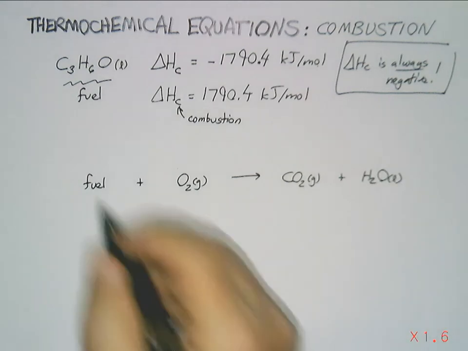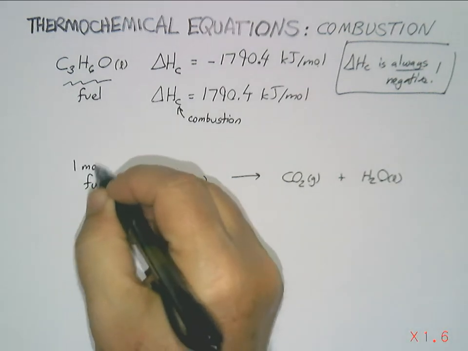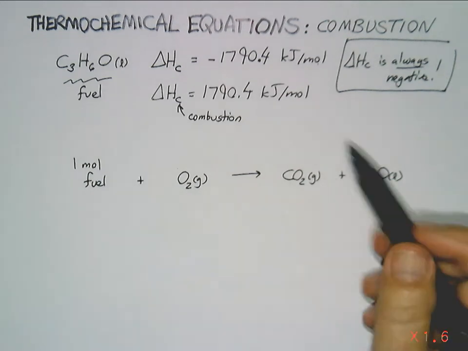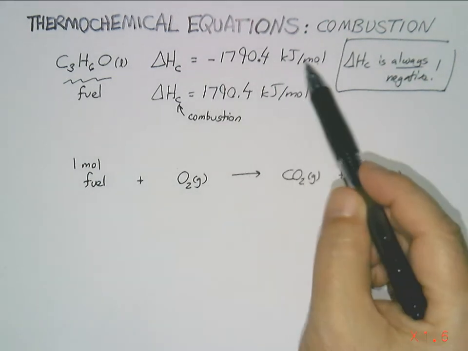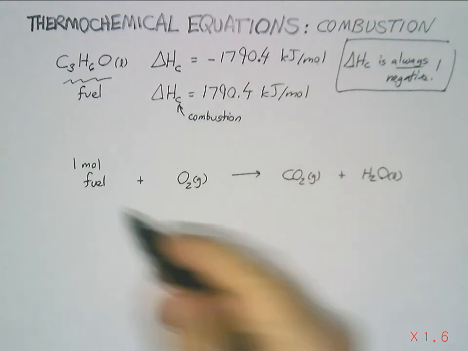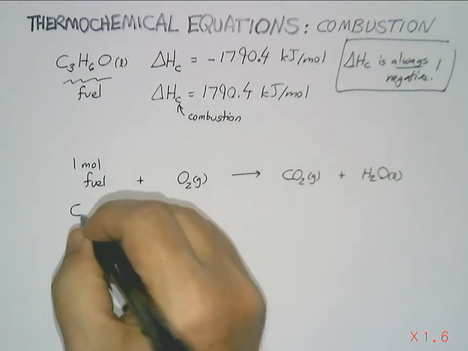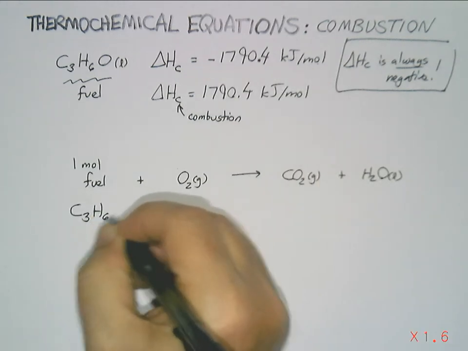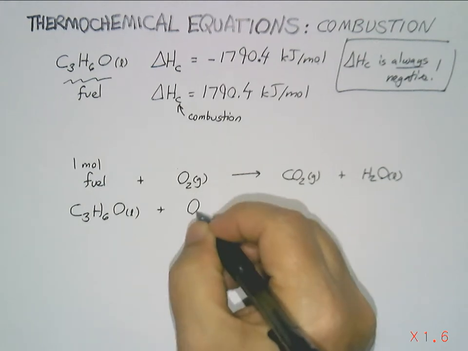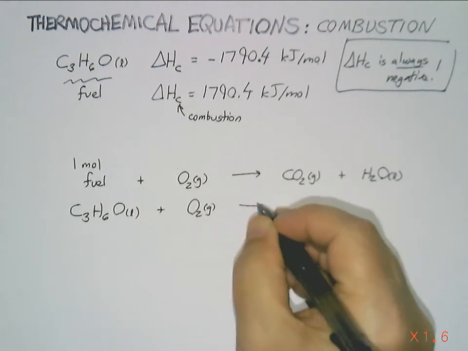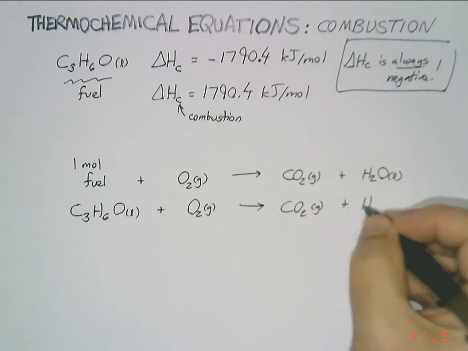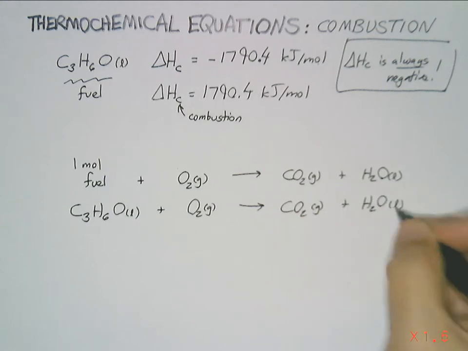Now what you have to do is put 1 mole of fuel into this equation. You're not allowed to change that. And that's because the delta H that they give you is per mole of fuel. So it's 1 mole of fuel. So let's write it down. C3H6O liquid is acetone plus O2 gas goes to CO2 gas plus H2O liquid.